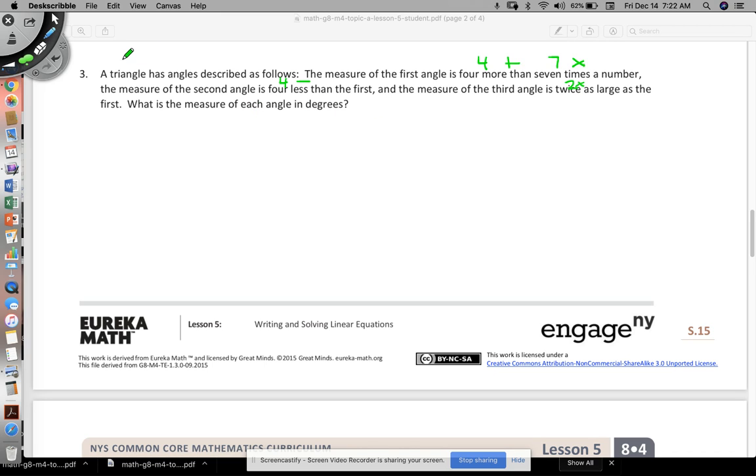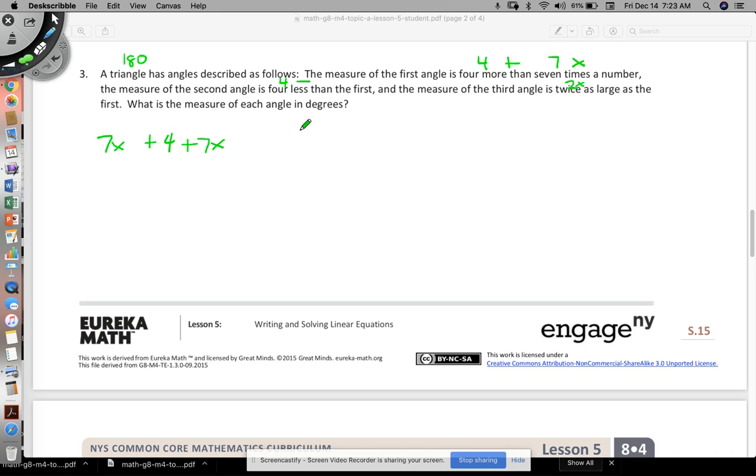So as you remember, a triangle always adds up to 180. So let's go ahead and start here. We had a 7x plus a 4. And then the next part said that this was going to be 4 less than the first. So we're going to have another 7x. So 4 less just means I'm going to take that plus 4 off.